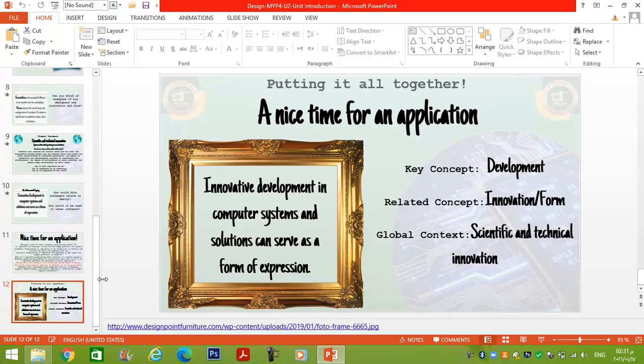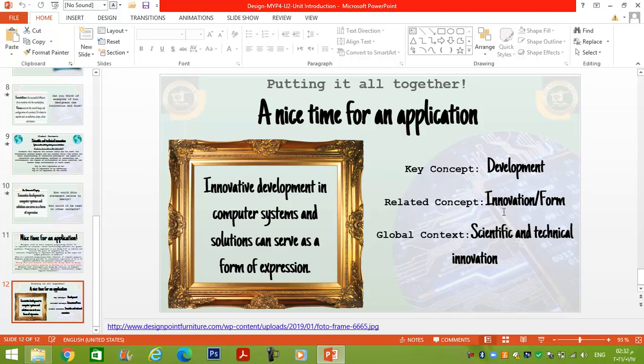So at the end, this is the big picture, putting it all together. We should put together the key concept, related concepts, and the global context to produce this statement of inquiry. Here, our key concept is development. We should learn more about development, especially in design. Second, the related concepts are innovation and form.